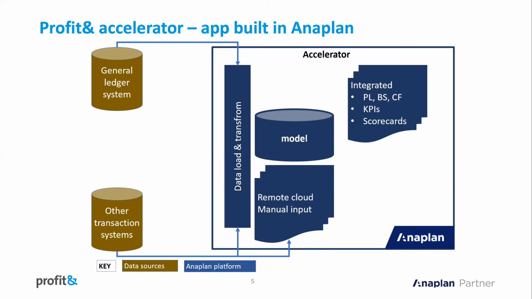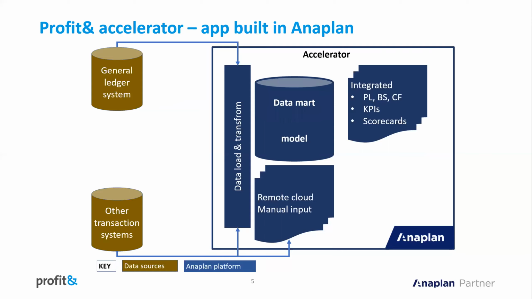There is also, because of the cloud capability, the ability to manually input numbers, maybe if they're not held in transaction systems or it's not worth the effort to connect to it, they can be manually input to the model. And we call that our accelerator.